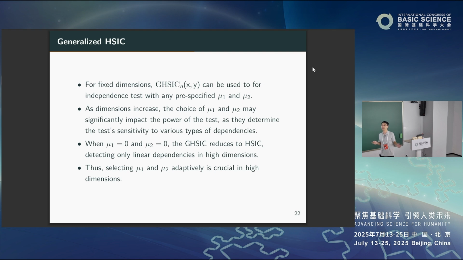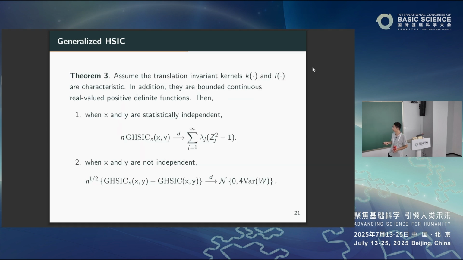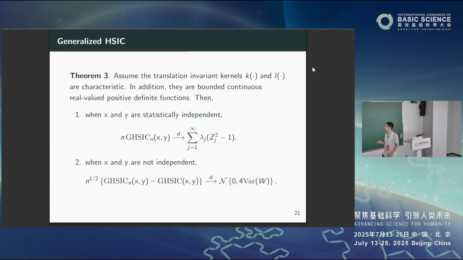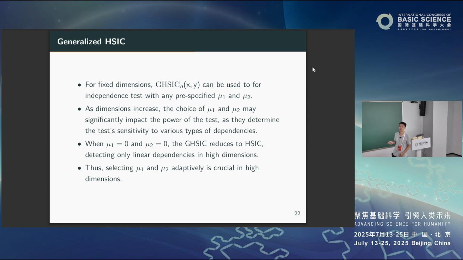But as we have demonstrated earlier, as the dimensions increase, the choice of mu1 and mu2 may play an important role because it has an impact on the leading term. So in high dimensions, selecting mu1 and mu2 is crucial for the final power of the resulting test.